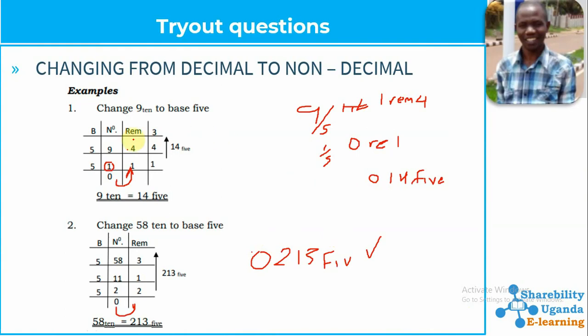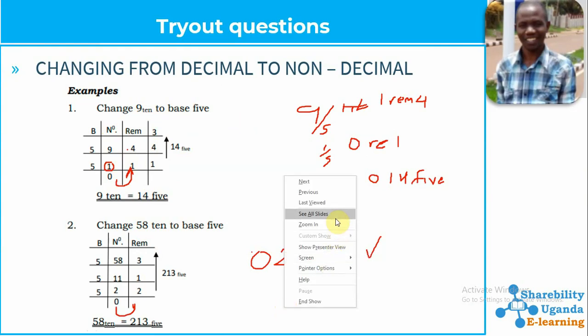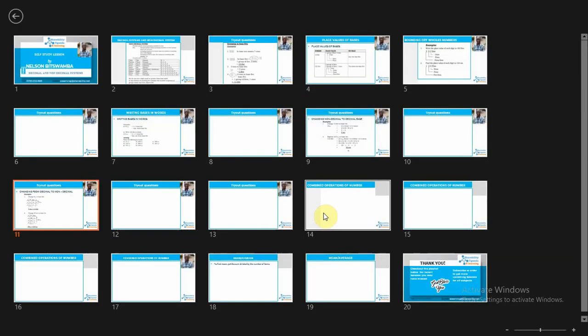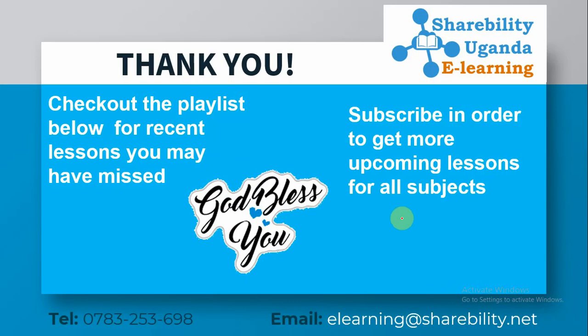This method is quite simpler, and I recommend you use it. It is all about changing from base 10 to base 5, which is the best for getting the correct answer. We shall also be looking at some more examples, such that we can get conversant with the so-called bases, and move ahead with some other topics.